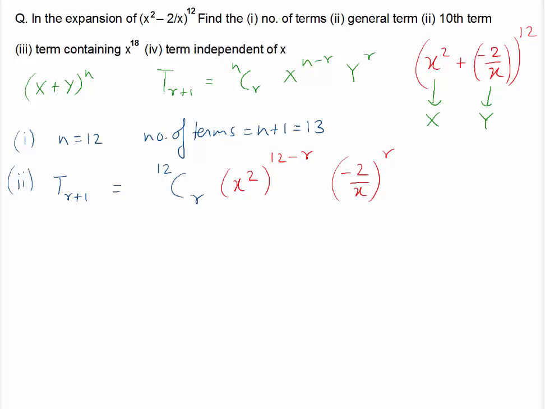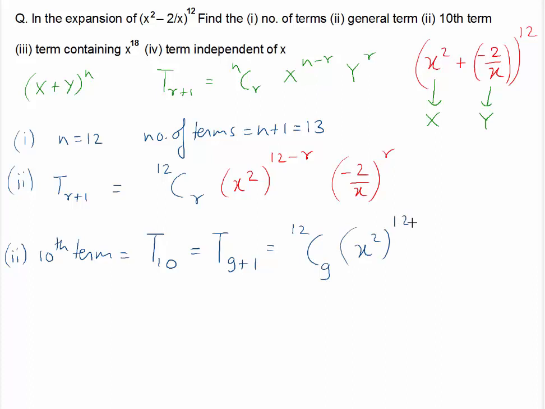Now next is find the 10th term. So the 10th term would be equal to T10. Now that we can write as T of 9 plus 1. This is done so that we can write this in this form. So this would be equal to 12C9, now r is 9 here, (x squared) whole to the power 12 minus 9 times (minus 2 by x) whole to the power 9.